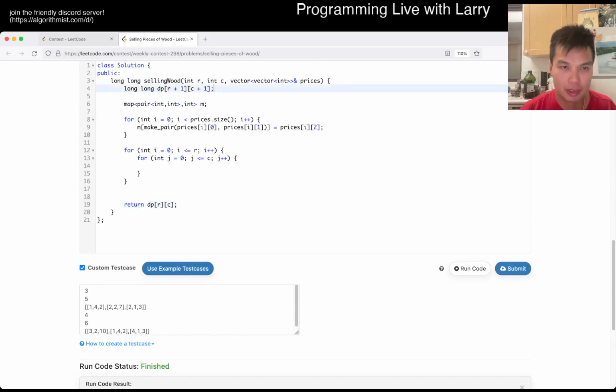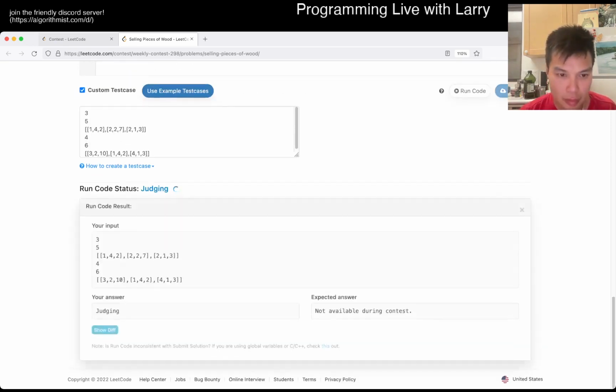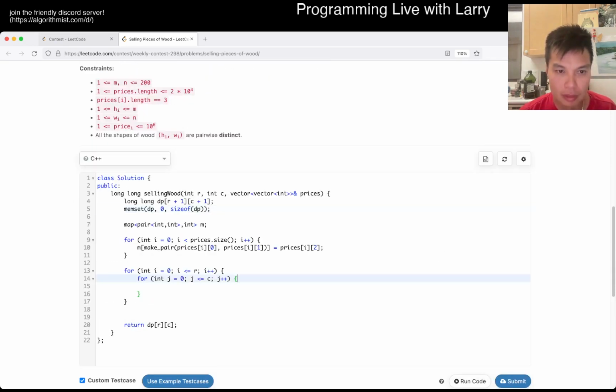I guess I should set it up. Okay, and now if I guess we should start one that doesn't run.